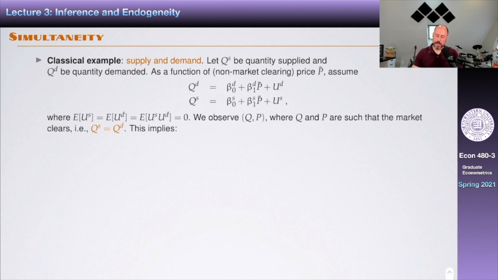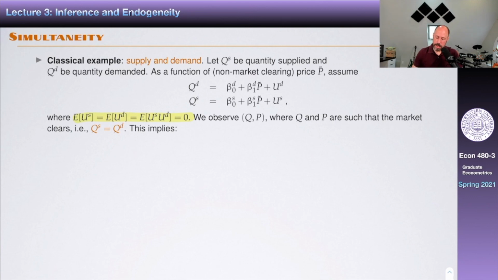And then we are going to assume that these terms are mean 0 and they're unrelated. Let's say the demand shock is uncorrelated with the supply shock. Okay, so what we observe is Q and P, the data, but where Q and P are such that the market clears, right? So we always observe quantities and prices that arise in equilibrium. And so what this means is that the quantity supplied equals the quantity demanded.